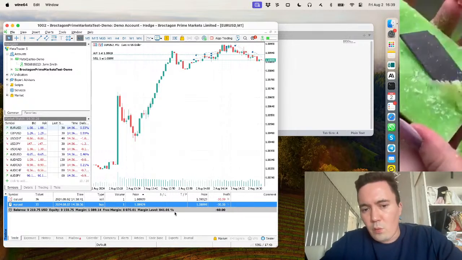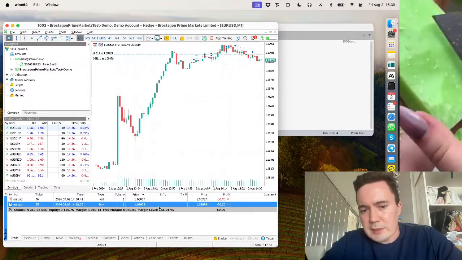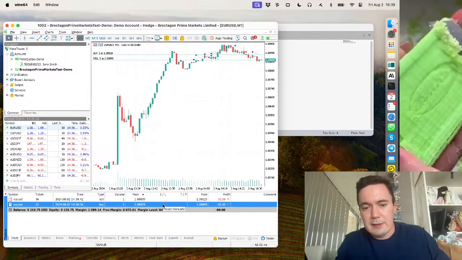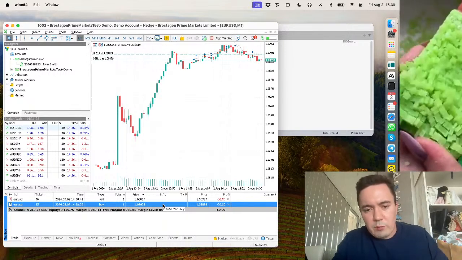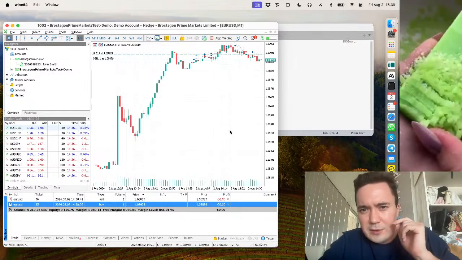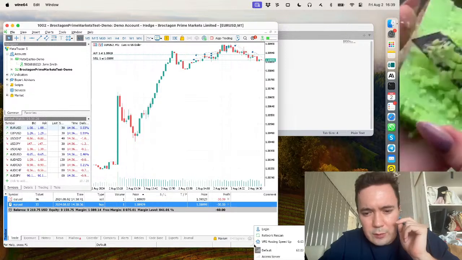Now, why doesn't the stop loss appear after I set the parameter? In MetaTrader 4 and 5, it appears after we break even. So I expect the price to move. Why is the price not moving? I wonder. Are we connected?